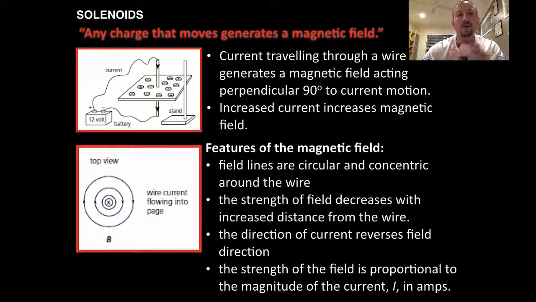So if you have a look at the diagram to the left hand side here, what you've got is a board where you've got a wire flowing through the board, and a current is then flowing through the wire. There are then little compasses which will react to the formation of that current.